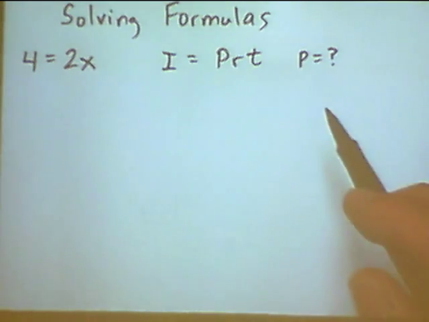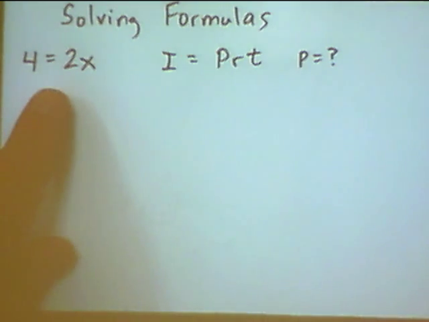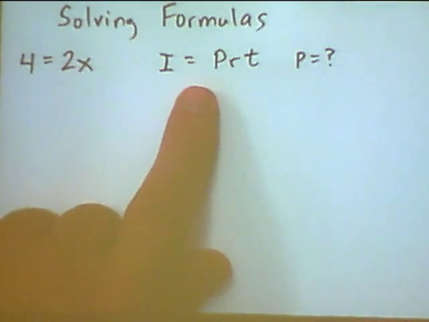So I'm going to have p on one side and everything else on the other side. Now the reason I wrote this 4 equals 2x is because I want to show you that the same rules that we learned and that we used to solve this equation with one variable, we're going to use the same rules to solve this equation.